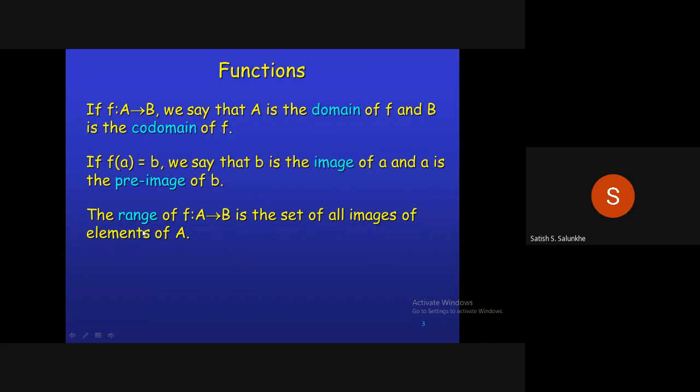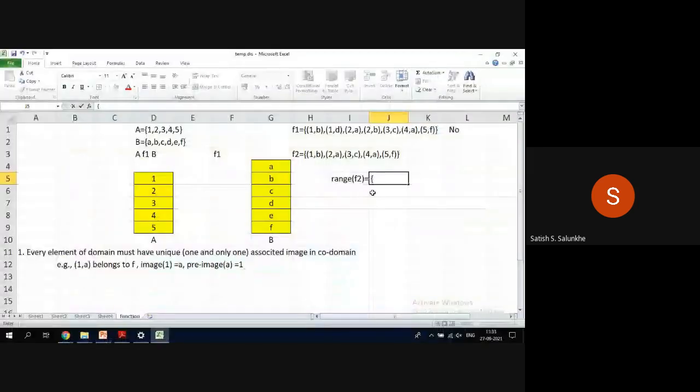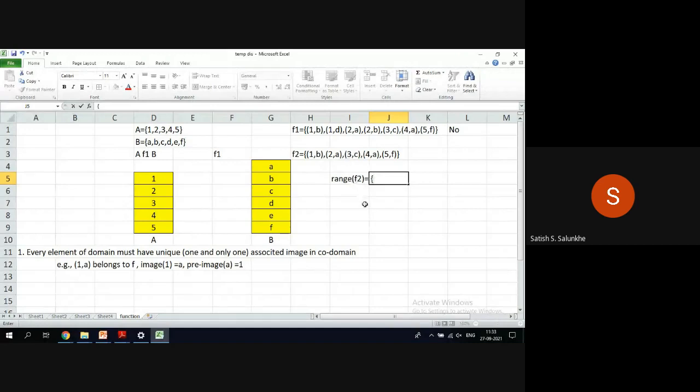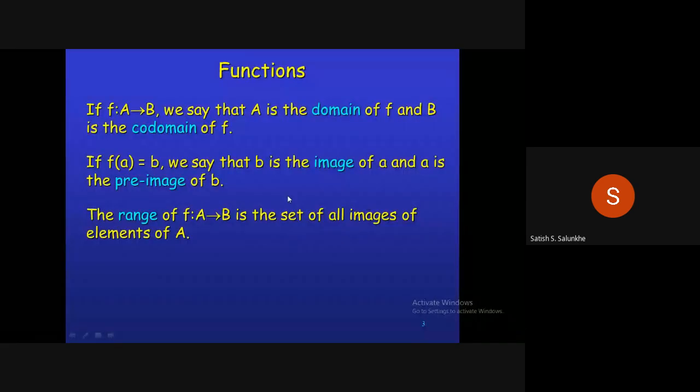So, is it clear or not for you, first of all? What is range? If it is clear, answer this now. What is the range of f? Range is the set of all the images of elements of A. What is the meaning of the set of all the images?